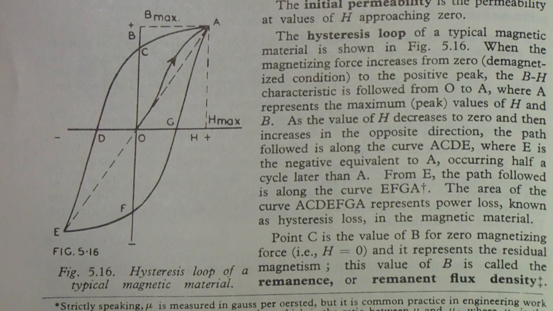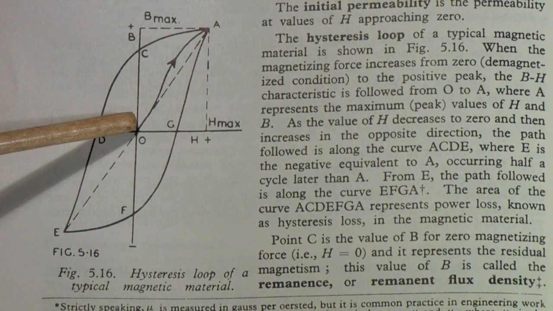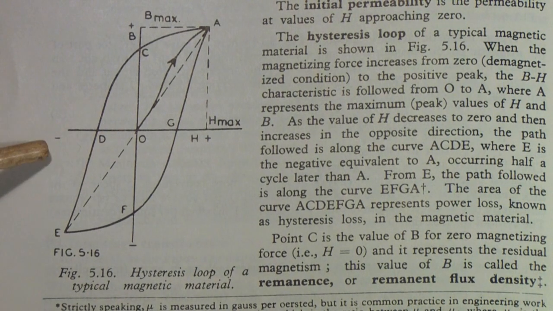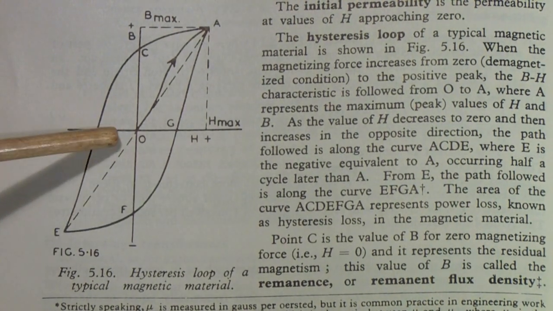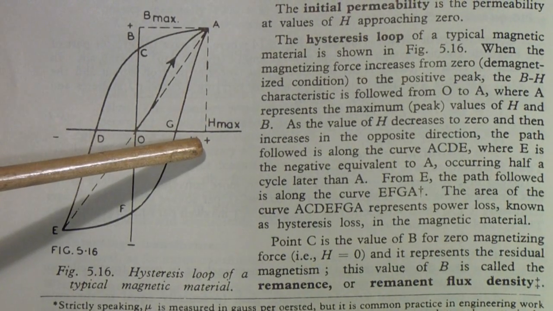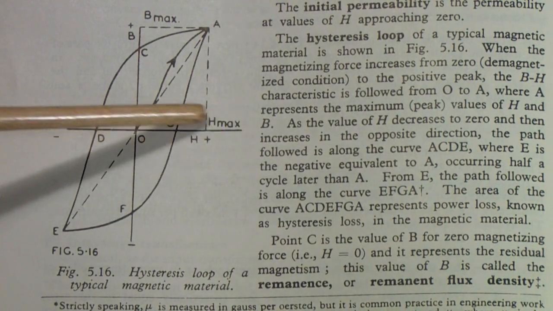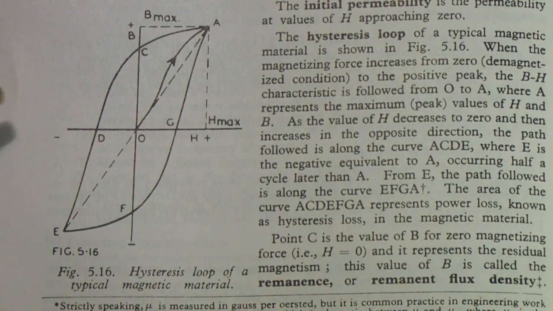Here is what's called a hysteresis loop. It's a depiction of what happens in a magnetic material when you try to create a magnetic field. Now, the x-axis is actually the magnetizing force, but think of that as like the current through the coil that's wound around a magnetic core.